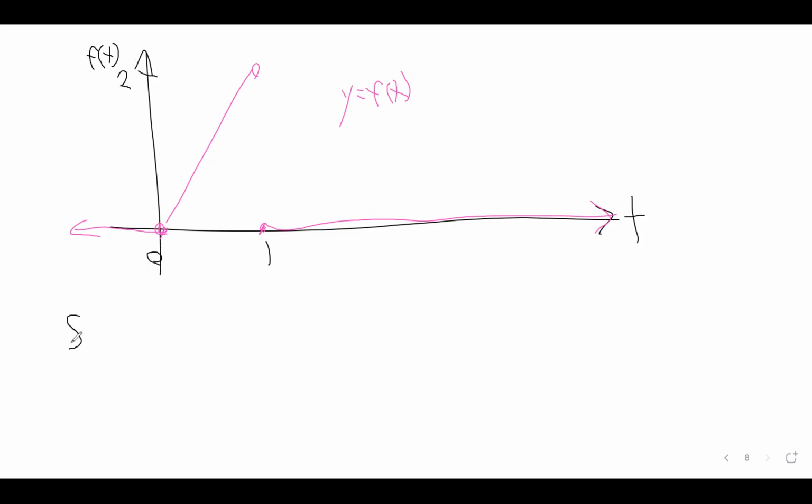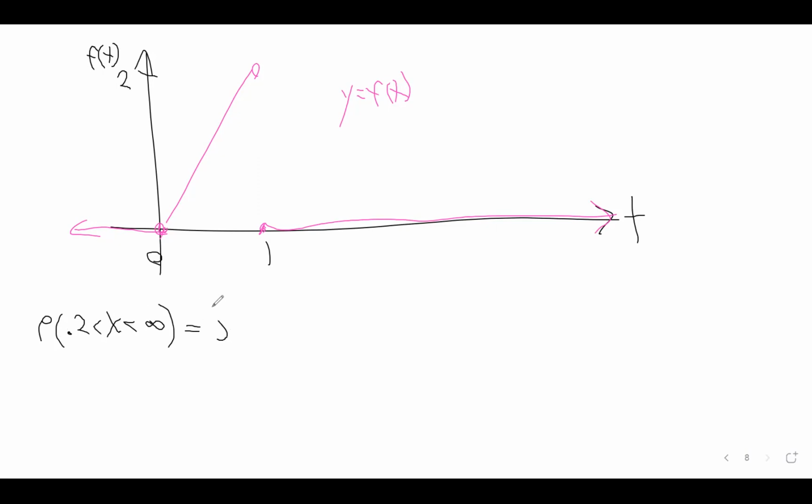And now the probability that 0.2 is less than capital X, less than positive infinity. If it doesn't say a plus or minus sign, it's plus infinity.